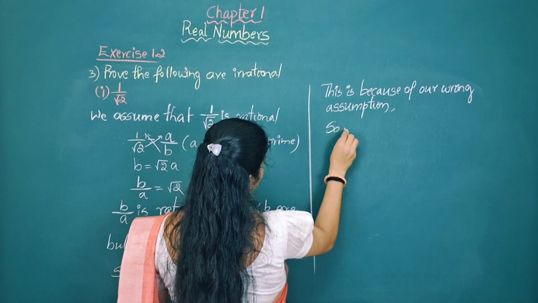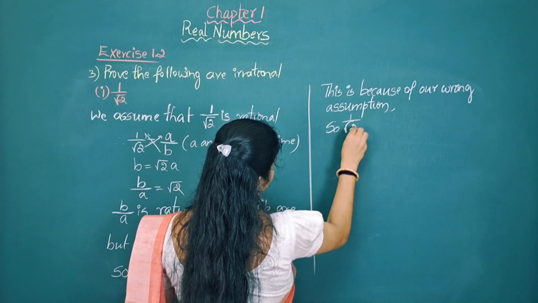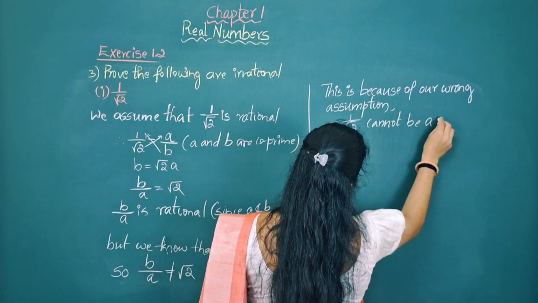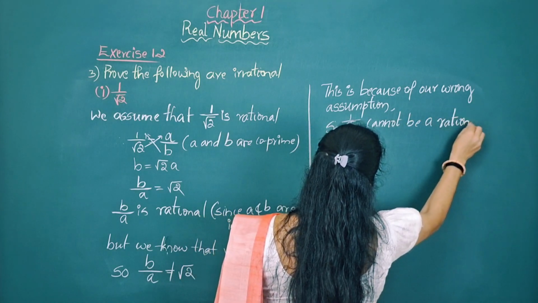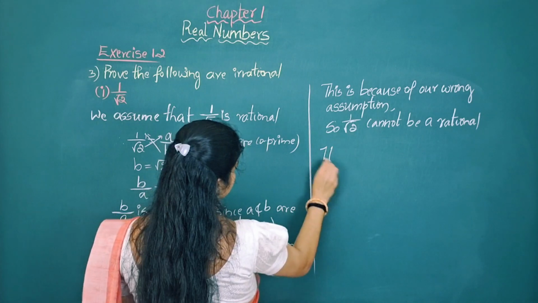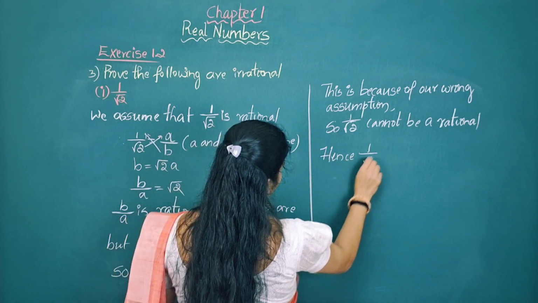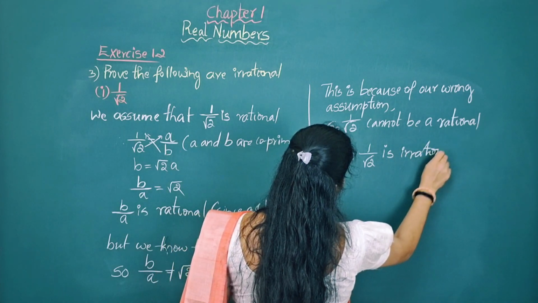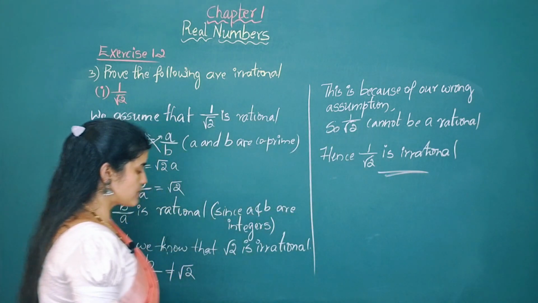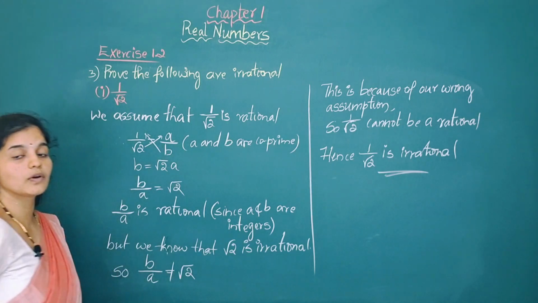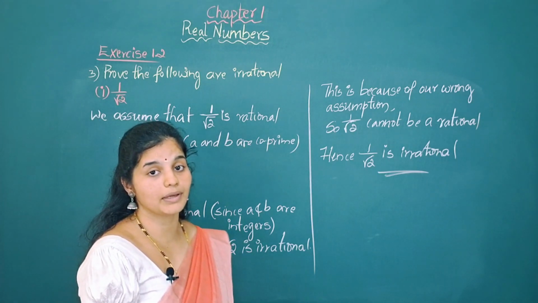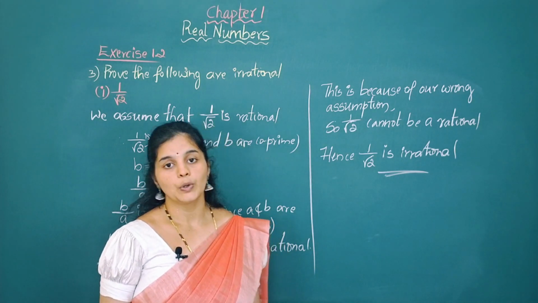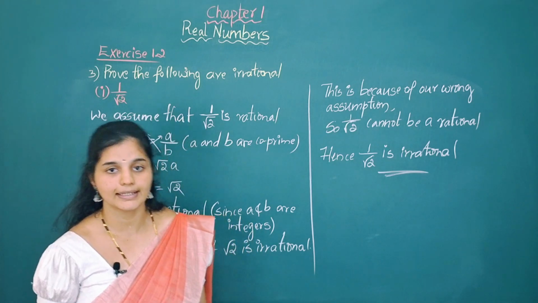So 1 by root 2 cannot be rational. Hence we write 1 by root 2 is irrational. Since our assumption is wrong, we tell that 1 by root 2 is irrational.